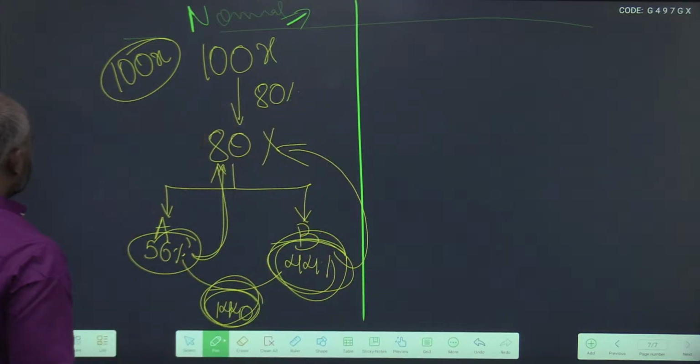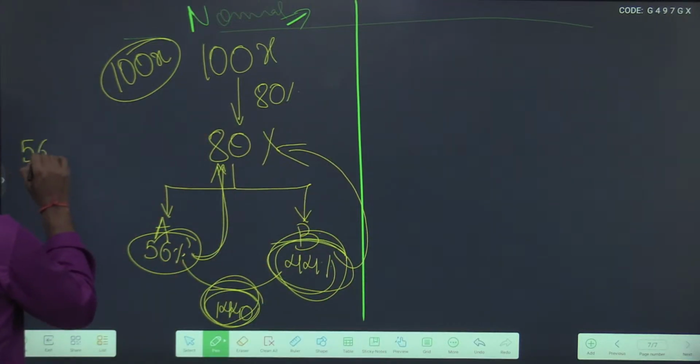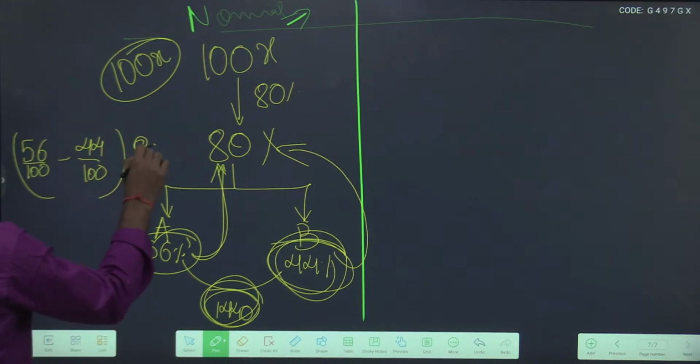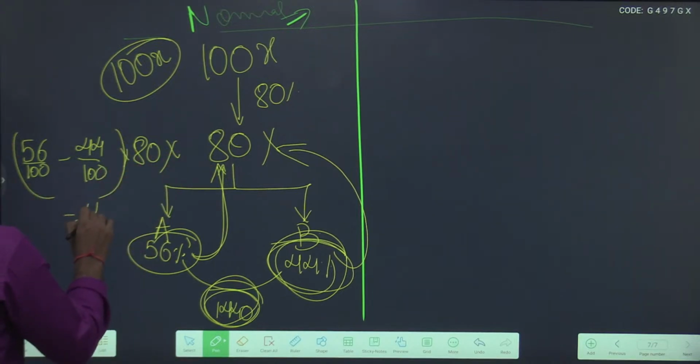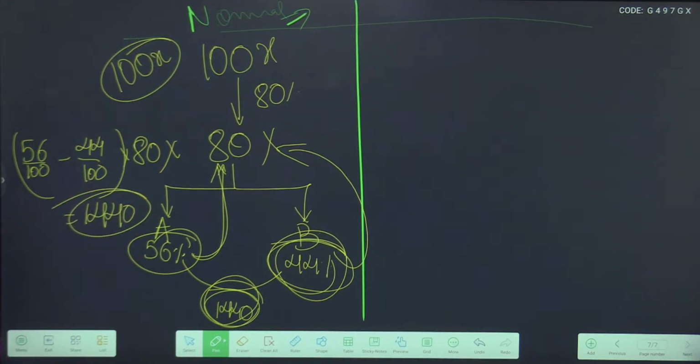So what will this be? 56 by 100 minus 44 by 100 of 80x, because this is the base, equals 1440. So 56% of 80x minus 44% of 80x is 1440.